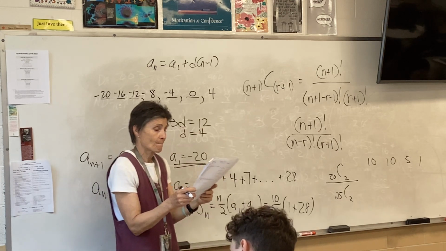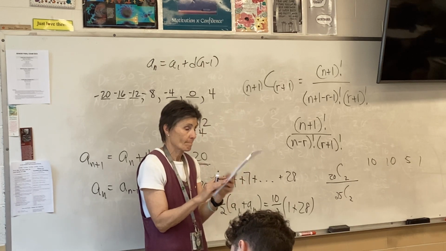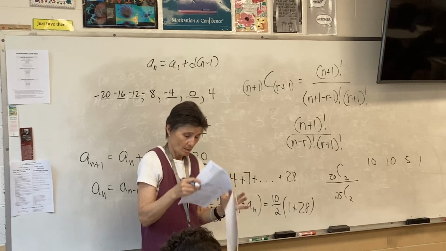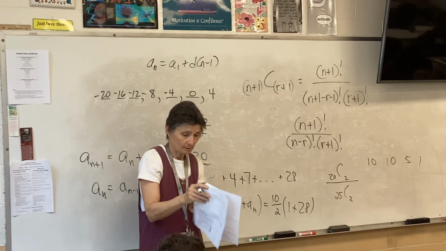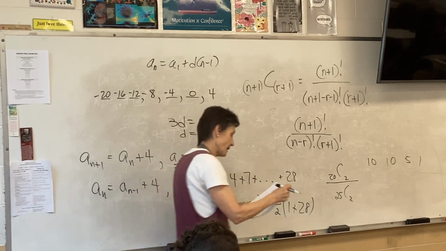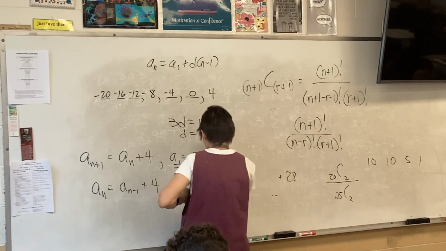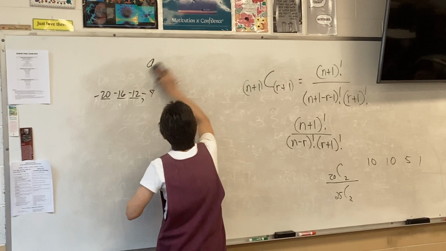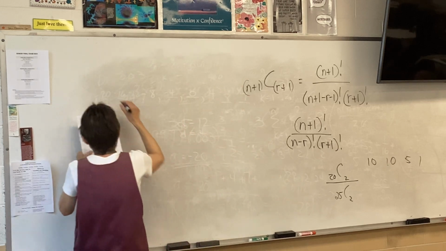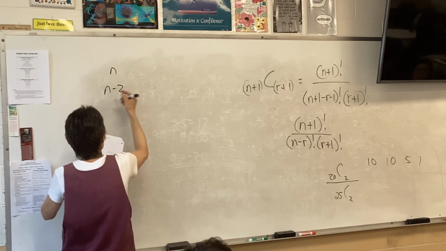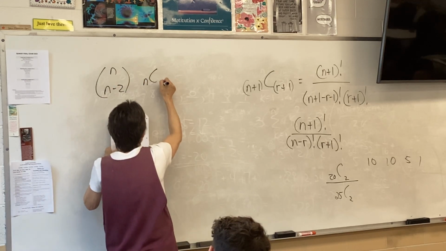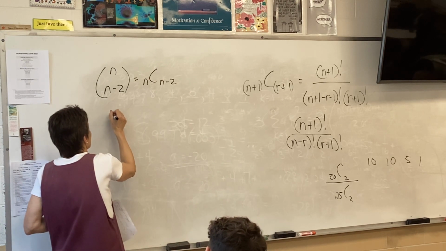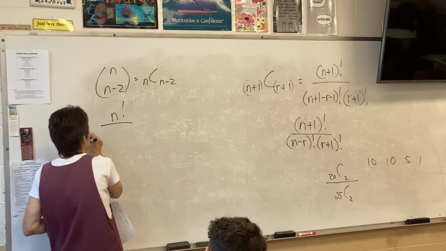All right, what else, Don? Number 8 on homework 9.2. Okay, again, these are formulas, guys. We've got to know our formulas. This notation is combination notation. So that means nC(n minus 2). What's the formula for that, Dom? n factorial over n minus 2 factorial.